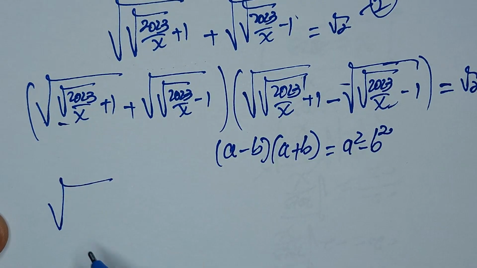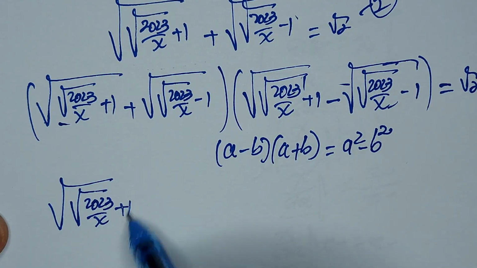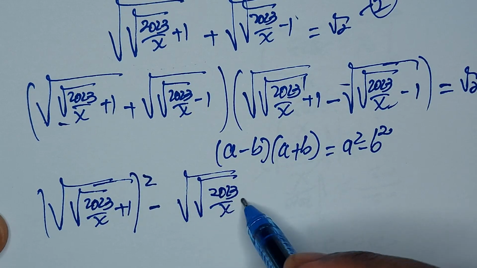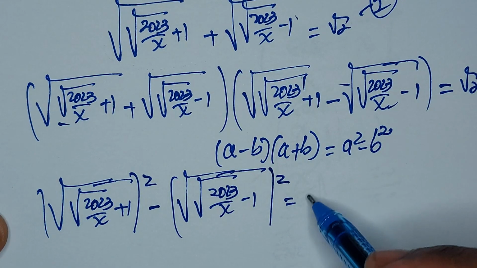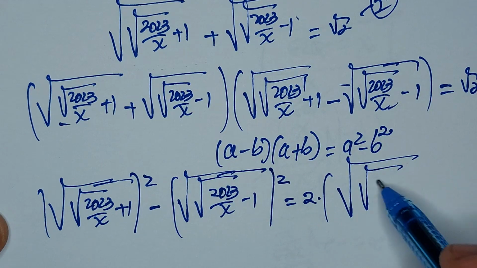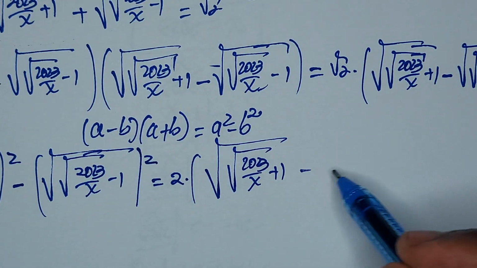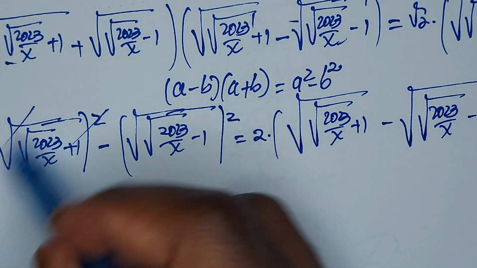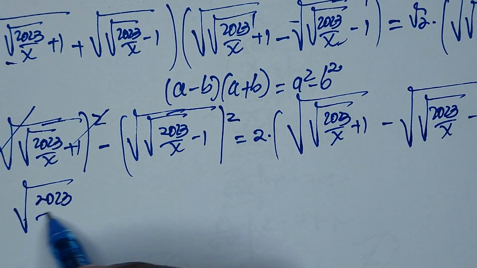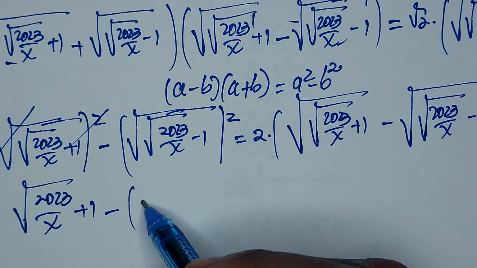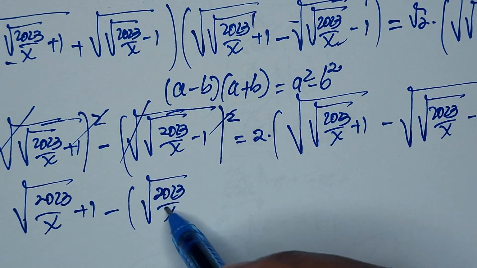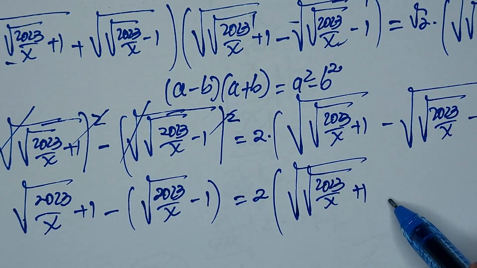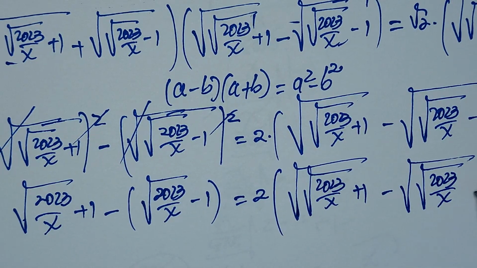We will have the square root of 2023 over x plus 1, squared, minus the square root of 2023 over x minus 1, squared, and this is equal to the square root of 2, which multiplies the square root of 2023 over x plus 1 minus the square root of 2023 over x minus 1. Now we cut these terms and we have the square root of 2023 over x plus 1 minus the square root of 2023 over x minus 1, and this is the square root of 2, which multiplies the same difference.